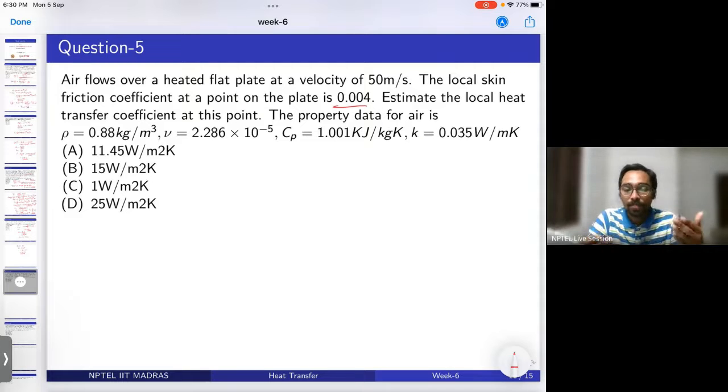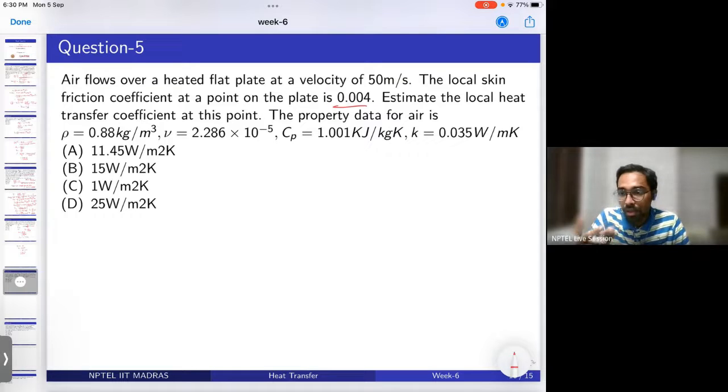And there is the Reynolds-Colburn analogy. Reynolds analogy is only applicable to Prandtl number 1, where the Stanton number is equal to Cf by 2, that is, the local skin friction coefficient by 2.